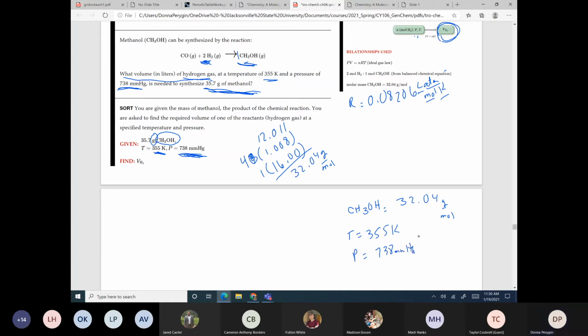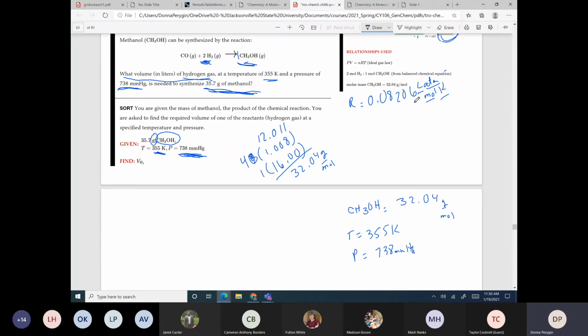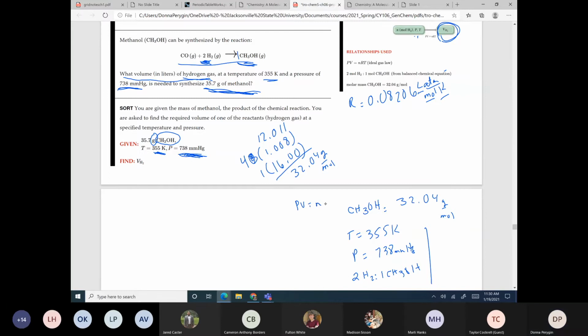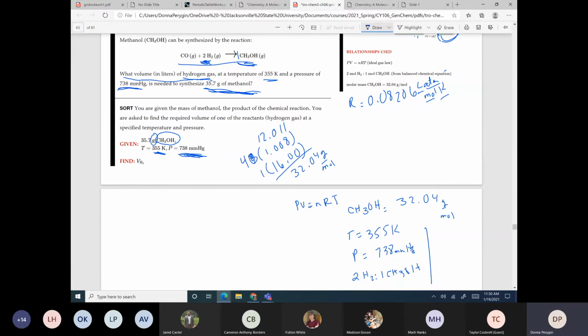Okay, and then our balanced equation tells us 2 H2 to 1 CH3OH. And then, of course, we've got our formula, PV equals nRT. So this is a fairly complicated problem.